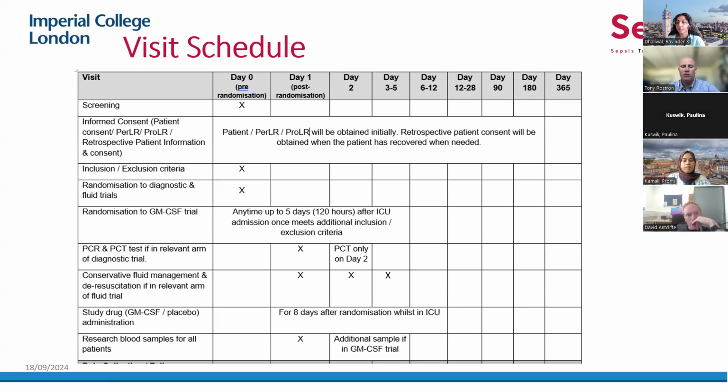But for randomization to the GM-CSF intervention, that can happen anytime up to 5 days, within 120 hours of the ICU admission, provided the eligibility criteria, i.e. in terms of organ support and persistent lymphopenia, are fulfilled, and there are no exclusion criteria. There are some additional research blood samples to be taken for the GM-CSF trial, which Ravi will cover shortly.